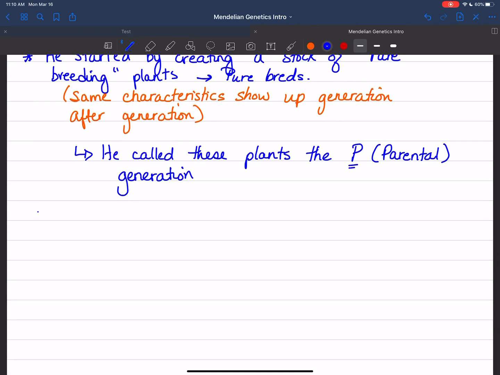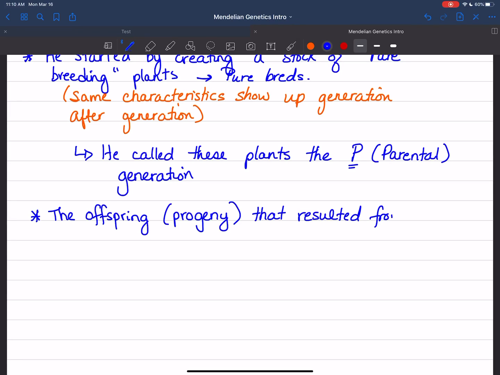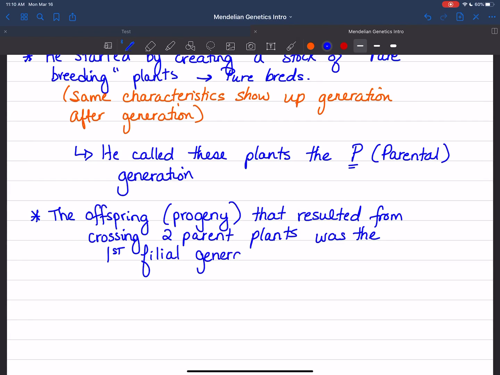Okay, the offspring, sometimes the word that they will use is the progeny. So you need to know that word as well, progeny, that resulted from crossing two parent plants, was the first filial generation.